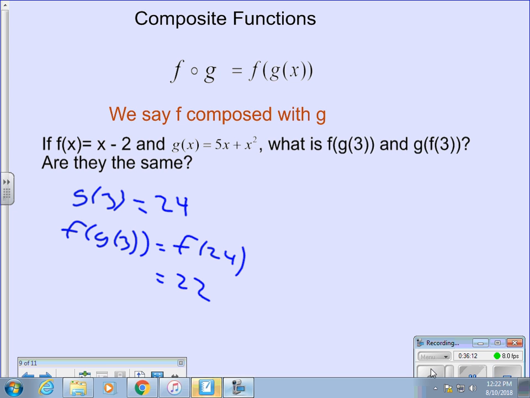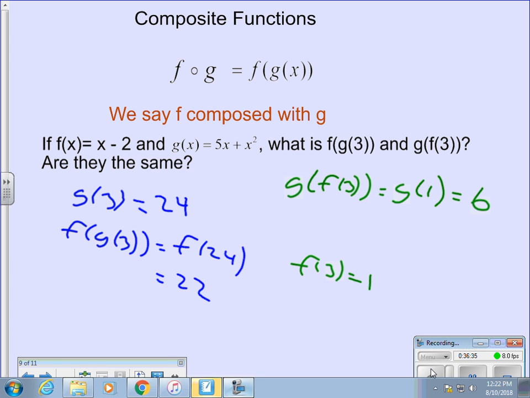Okay. To get g composed of f of 3, we need to find f of 3. F of 3 is easy. 3 minus 2 is 1. So that's g of 1, which is 6. They're not the same.